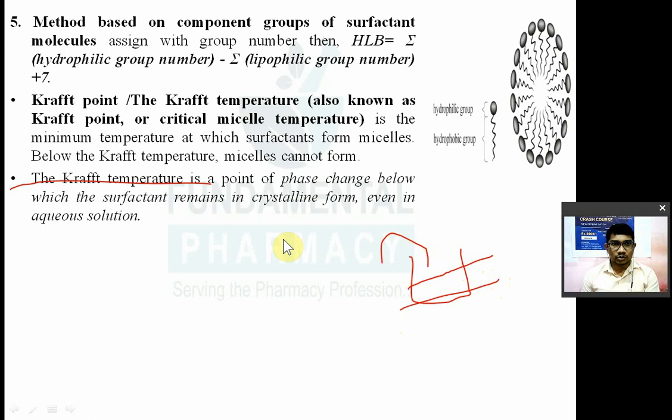So the Kraft point is a point of phase change below which the surfactant remains in crystalline form, even in an aqueous solution.